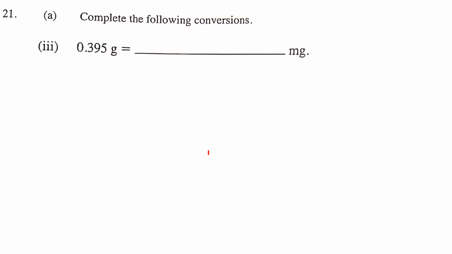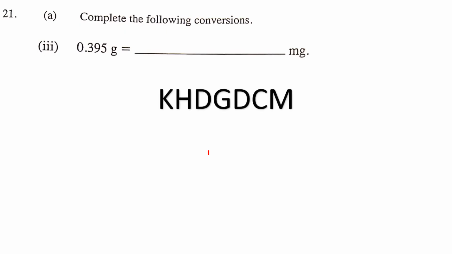Now let's move on to this next conversion problem. We have 0.395 grams is equal to how many milligrams? For this one, we have to, again, use the acronym knock him down, but this time Grammy, don't commit murder. And so what we have here is we are moving from grams to milligrams.